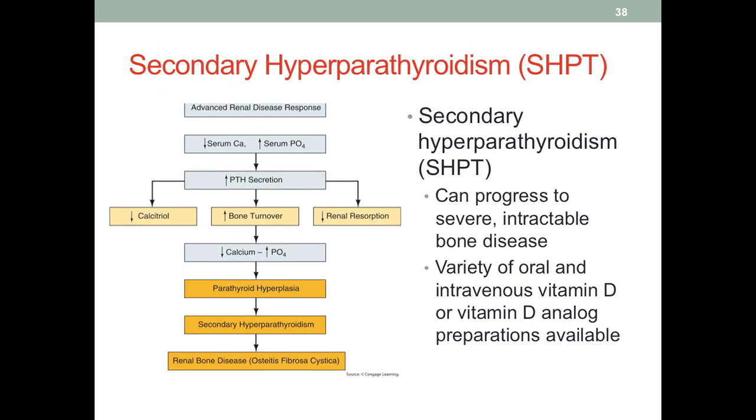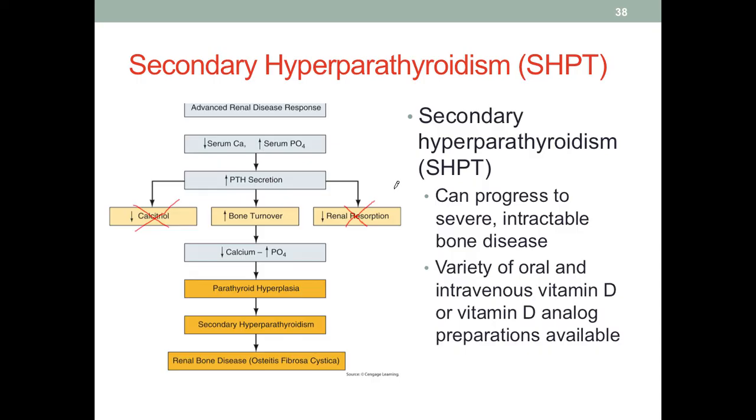And we already mentioned the secondary hyperparathyroidism that is common in renal patients. And again, this is because of the compromise of the kidney's ability to activate calcitriol and to reabsorb calcium. So both of these are severely compromised.